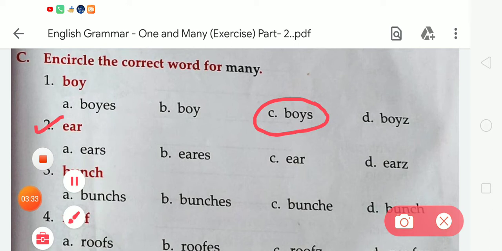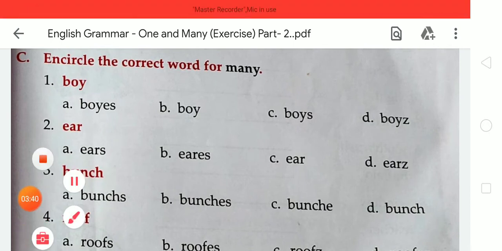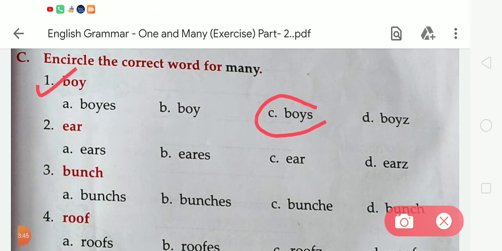Option number A is correct, so we circle option A, that is years. In number 1 we circle option C, boys. In second, years.